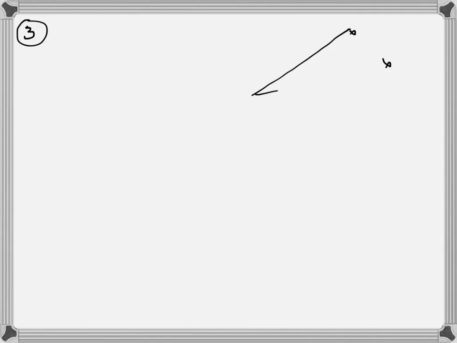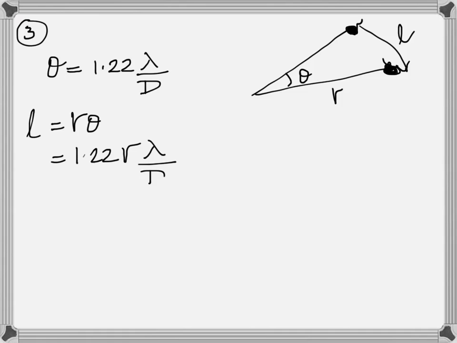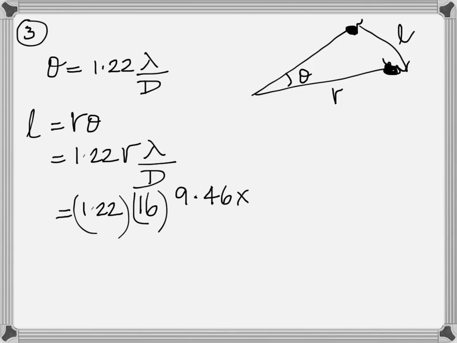In question 3, it's about resolution. Now, if those are the two stars and the distance between them is L, and the distance from the Earth is R, then we know for a circular aperture, theta is 1.22 lambda by d. Whenever you have theta, it should be in radians, remember that. In this case, since we substituted as 1.22 lambda by d, it doesn't make a difference.